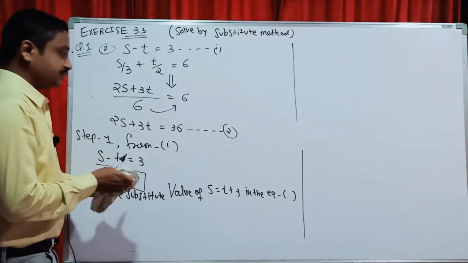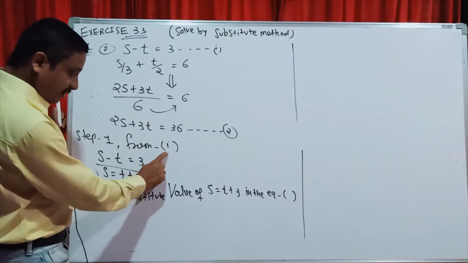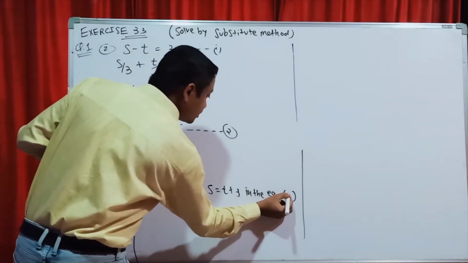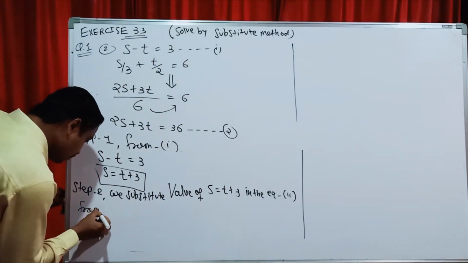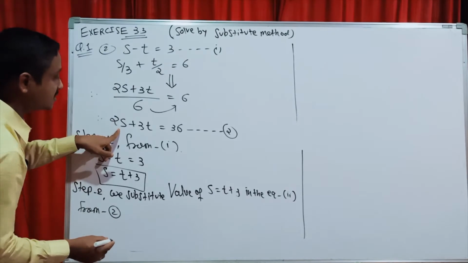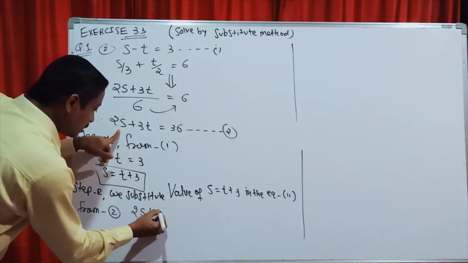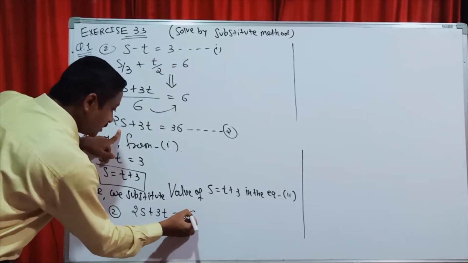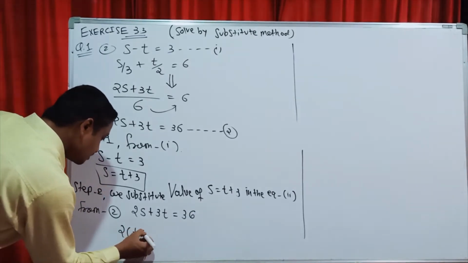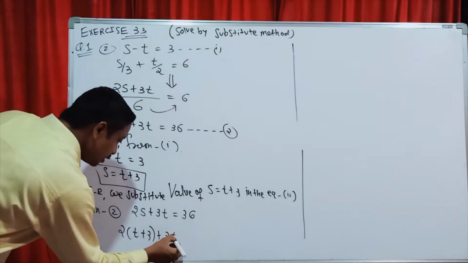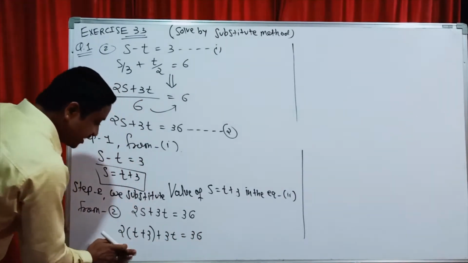I start from equation number 1 here, so substitute in equation number 2. So from 2, what is equation 2? Twice s plus 3t is equal to 36. So s is what? t plus 3, with 3t, and 36 is the same.